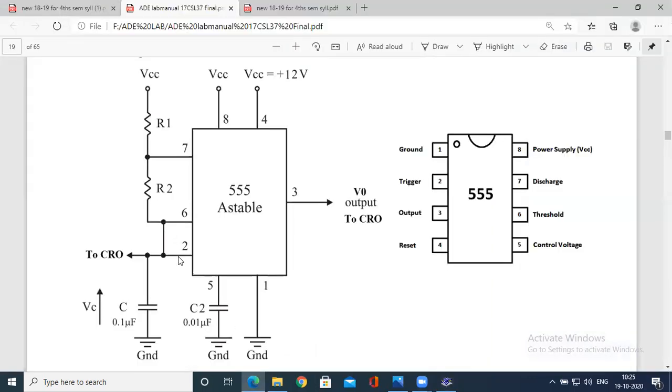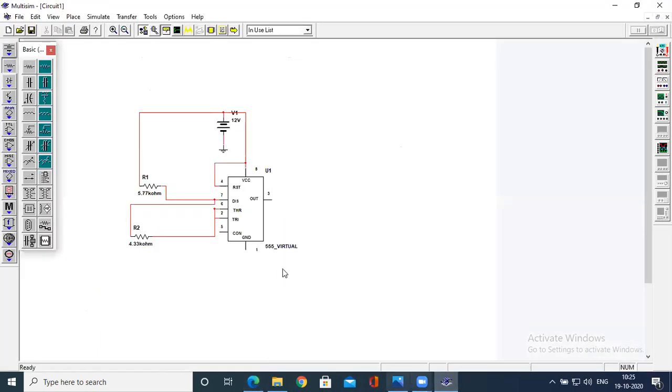At pin number 2, we have to connect to the CRO, and also to a capacitor. Pin number 2 goes to a capacitor, and pin number 5 to a different capacitor: 0.1 and 0.01. So we'll take two virtual capacitors.